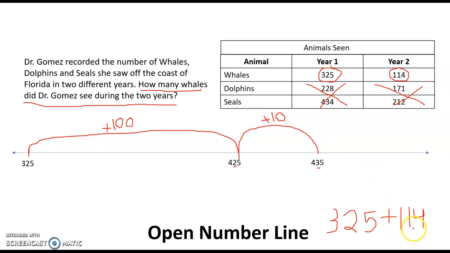So we've done our hundreds, we've done our tens. Now let's jump our ones. How many ones do we have? We've got 4 ones. So jump 1, 2, 3, 4, 435, 436, 437, 438, 439.